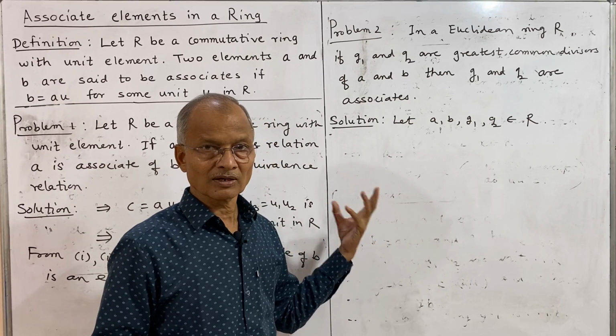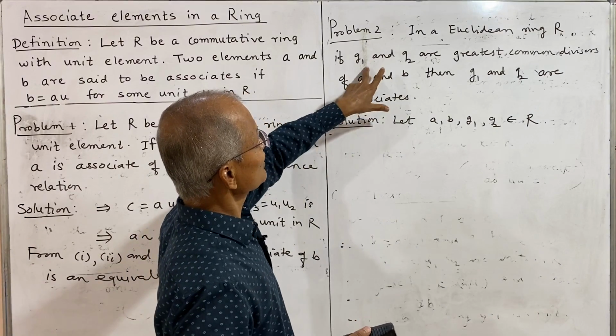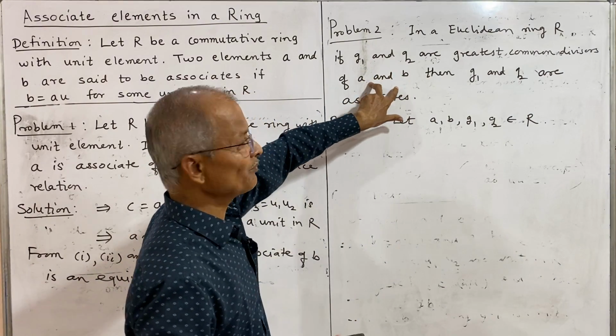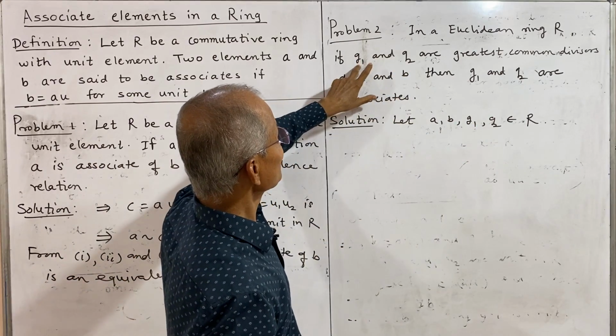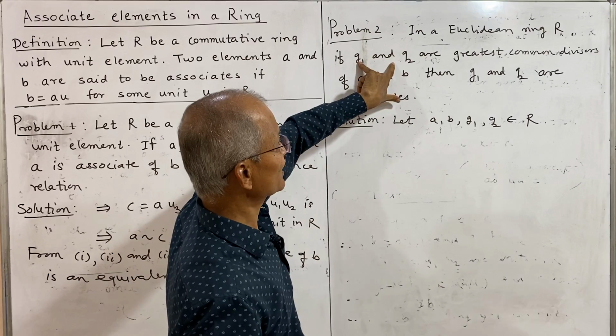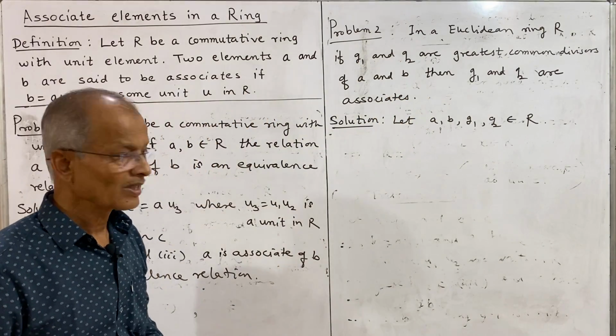If we suppose there are two greatest common divisors of the same pair of elements A and B in R, then G1 and G2 are associates, which we have to prove.